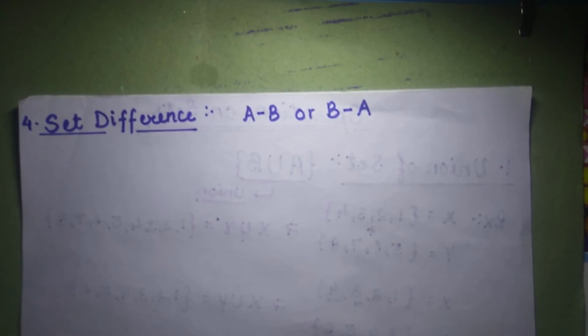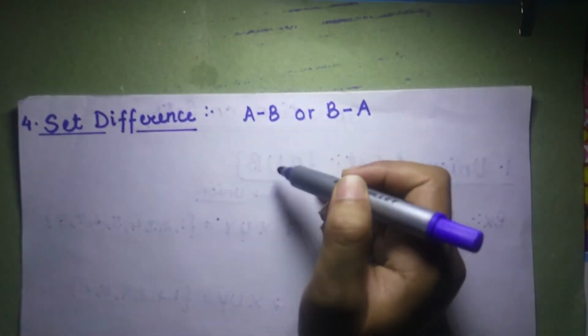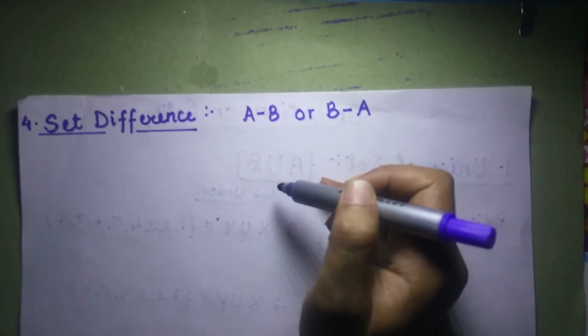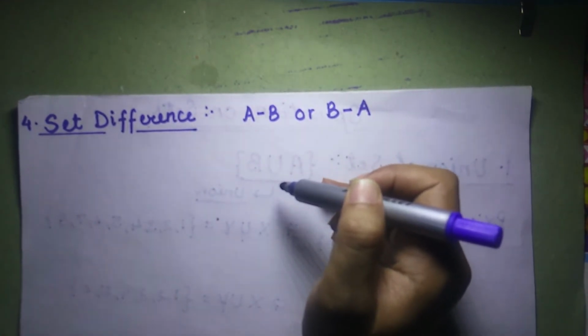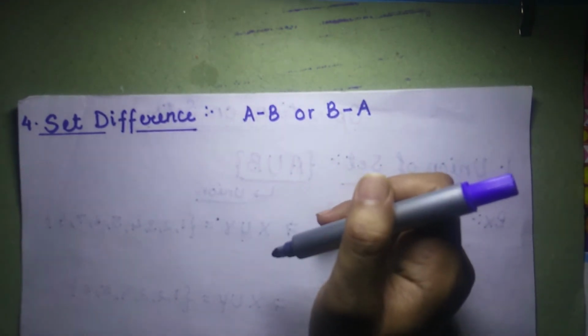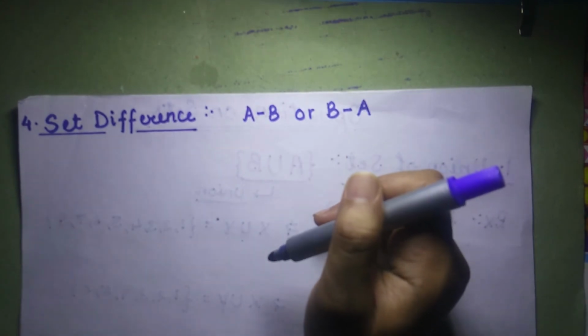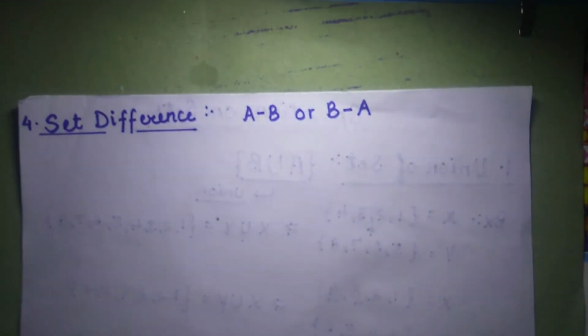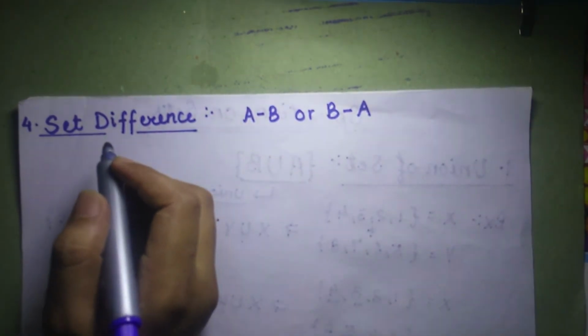But the main thing is, suppose we take two sets A and B. We subtract B from A, so we write A minus B. In this subtraction, the result of the operation is the remaining elements of A. And if we subtract A from B, the result of the subtraction is the remaining elements of B.